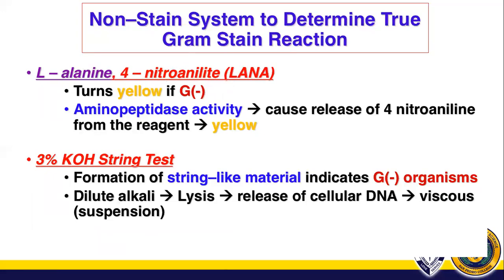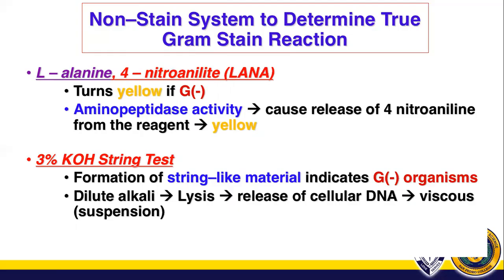To perform this test, the reagent used is L-alanine, which is used to make a suspension with the bacteria. So in a small tube, get 1 ml of the L-alanine, add a loopful of the organism, and observe. If the mixture turns yellow, the organism is gram-negative.